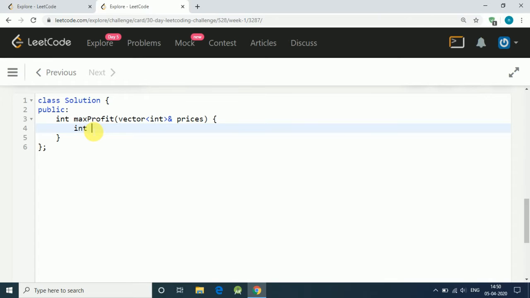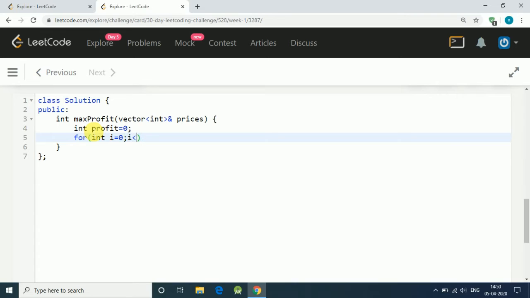Let's say we have integer profit equal to 0 in the starting, and we go through just one for loop. For integer i equal to 0, i is less than prices.size() and i plus plus.